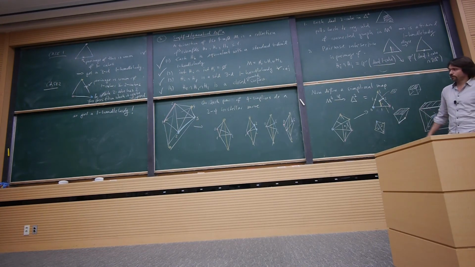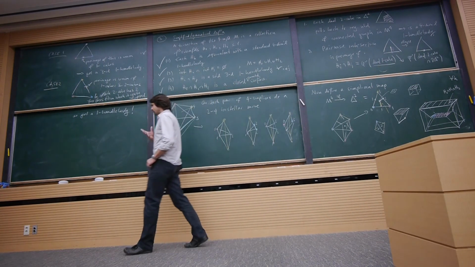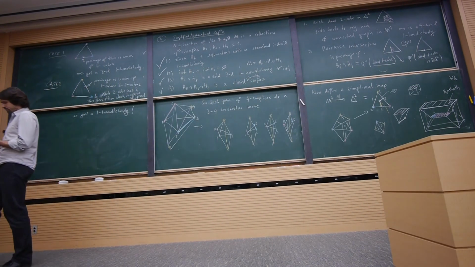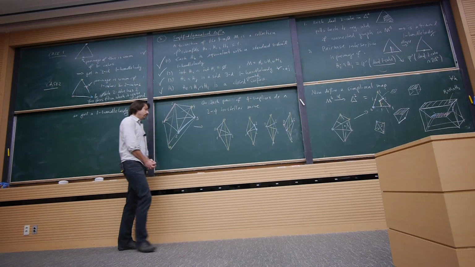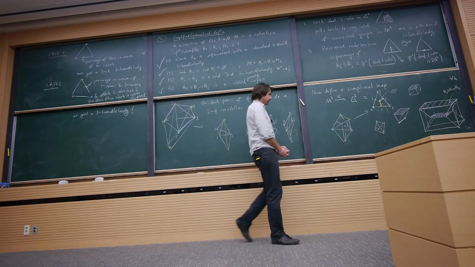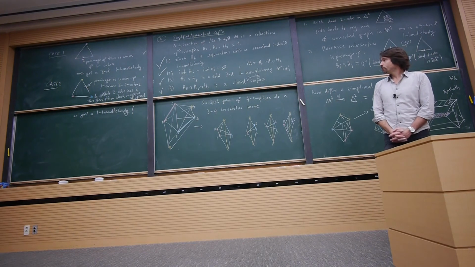You could say it's trying to be analogous to the 3-dimensional existence proof of Heegaard splittings using Morse functions. But there are of course a lot of complications in higher dimensions that they have to overcome.